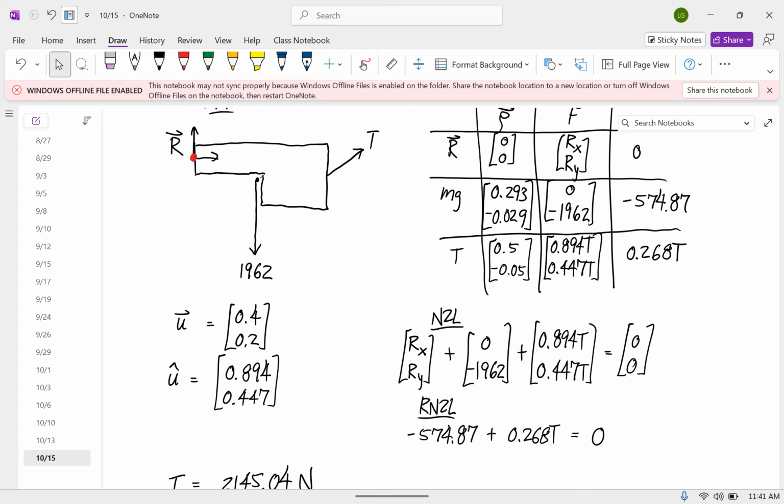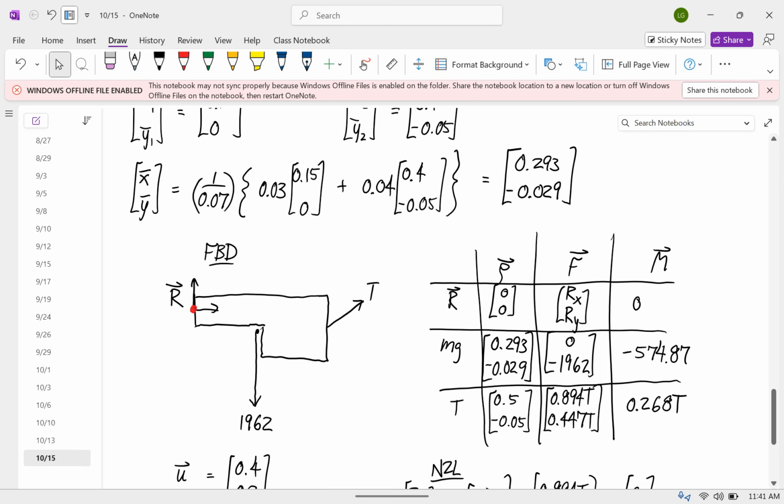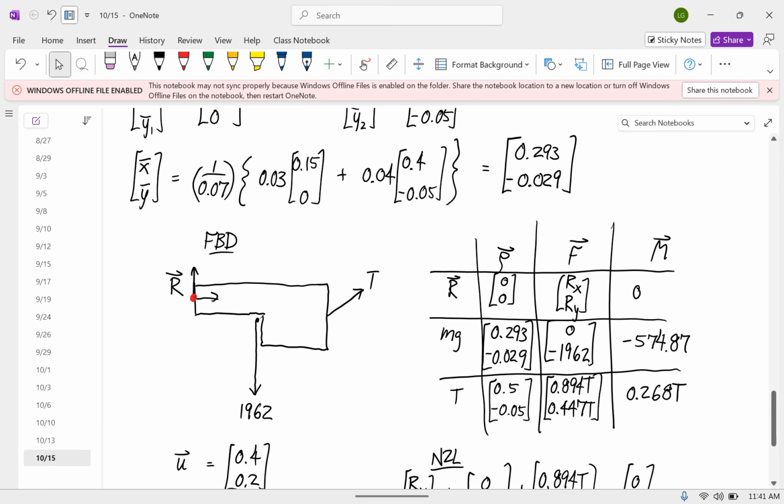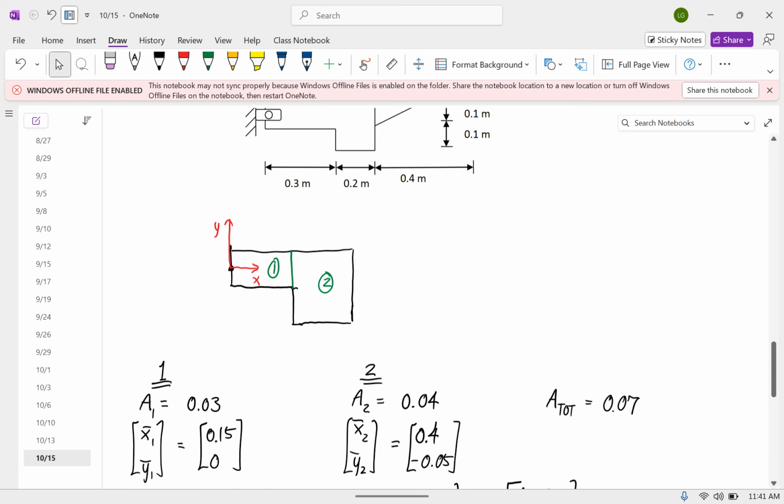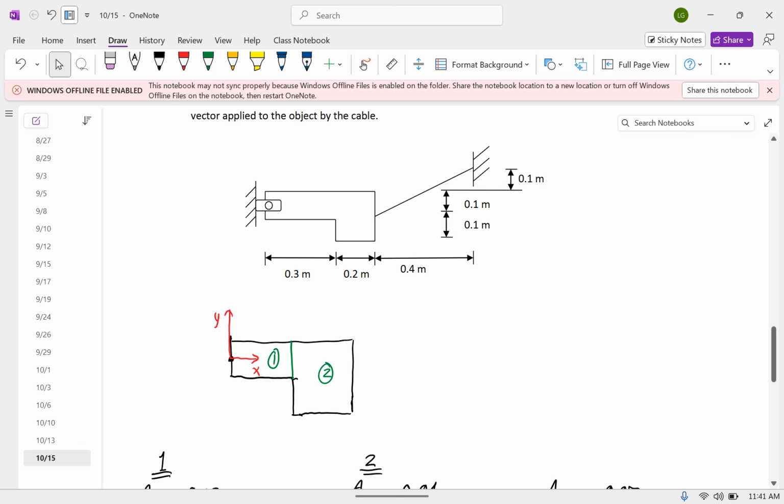The other way, which always works in 3D and sometimes is useful in 2D, is to first figure out a vector that points in the direction you want, a vector that goes from this point to this point, and then find the unit vector in that direction by dividing by its magnitude.